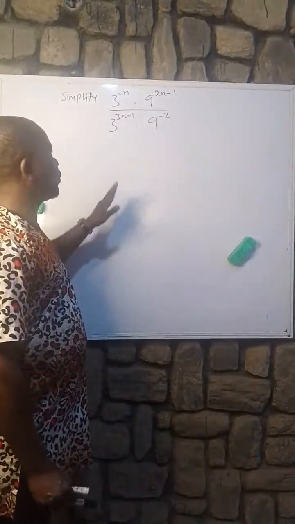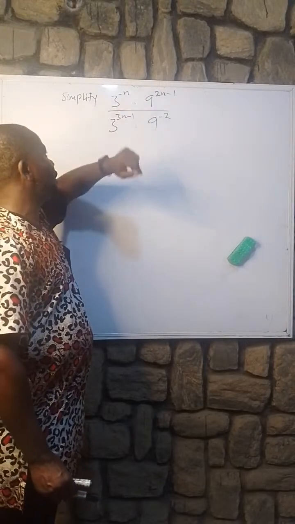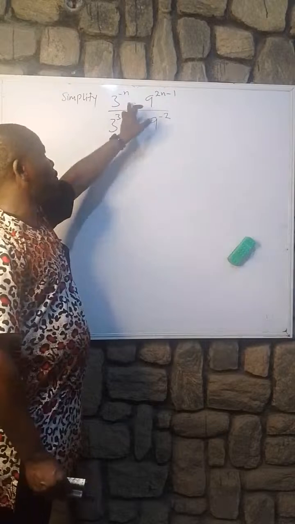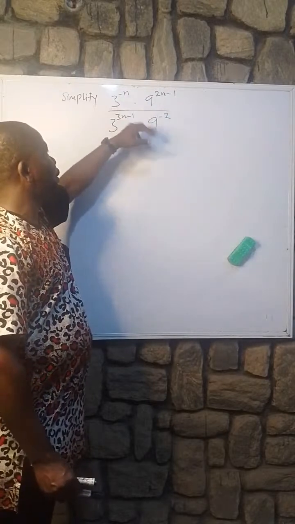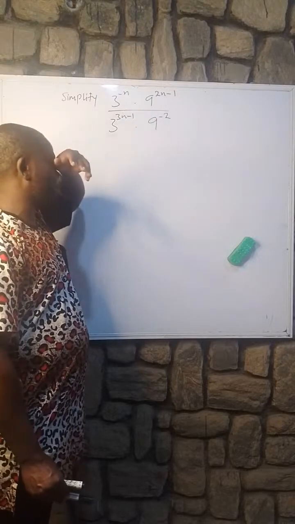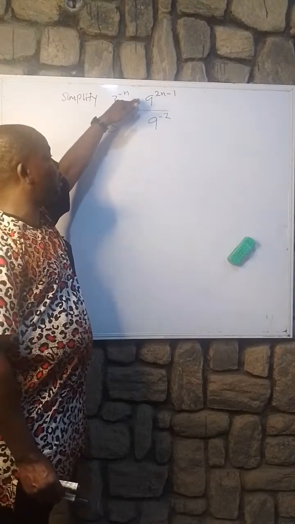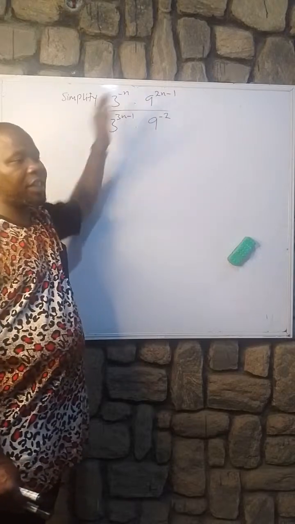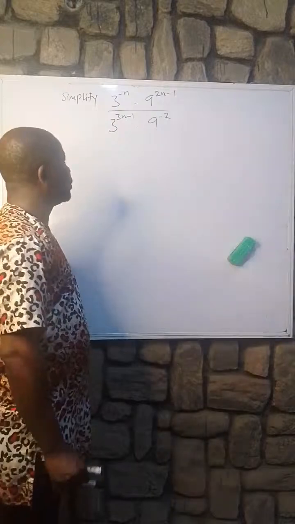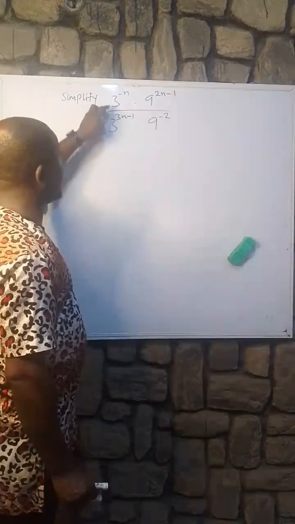So at first, what will come into your mind is the multiplication law, because there is a dot here and a dot here. Both the numerator and the denominator use the multiplication law. What you need to first consider is the base.